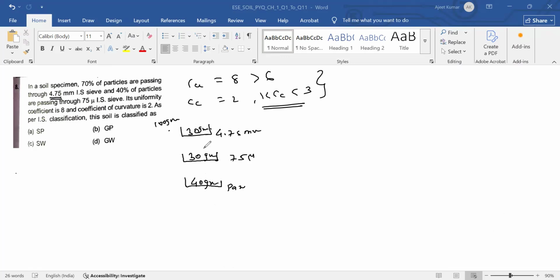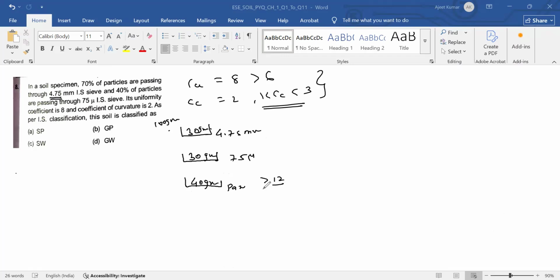So in this case, the fraction is 30, 30 and 40. So 50% part is in gravel and sand is 50%. So it may be gravel or it may be sand also, and the fine particle is greater than 12%.